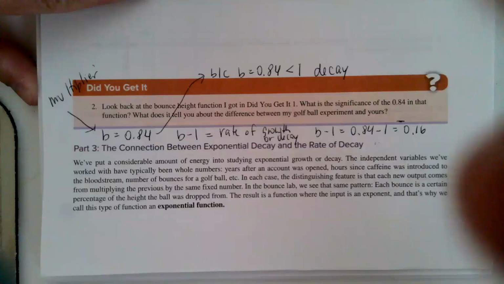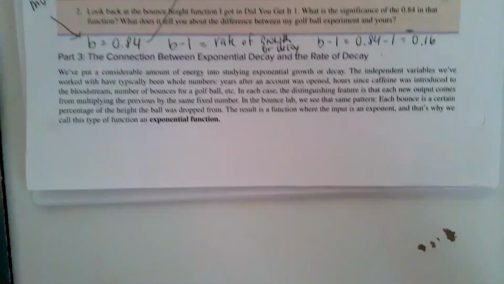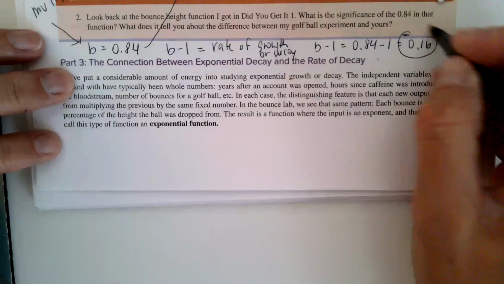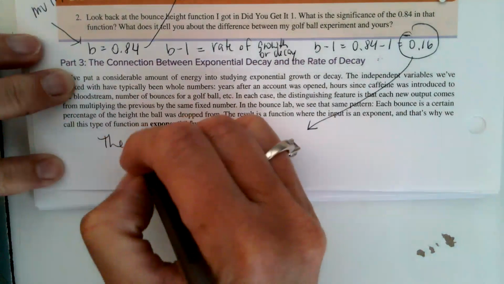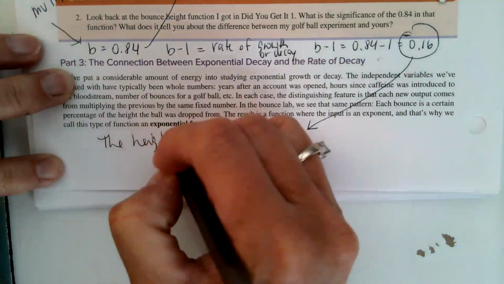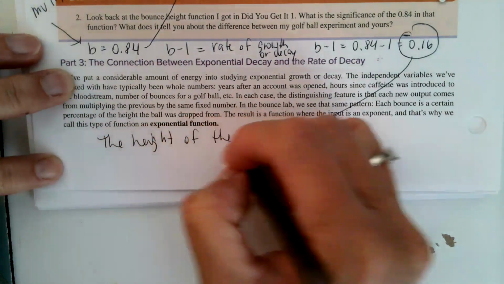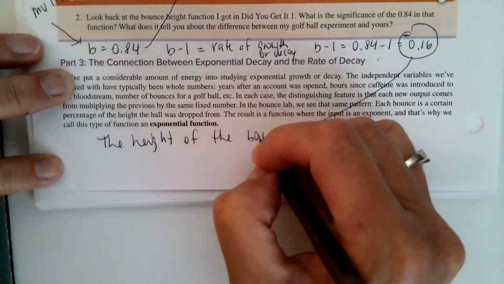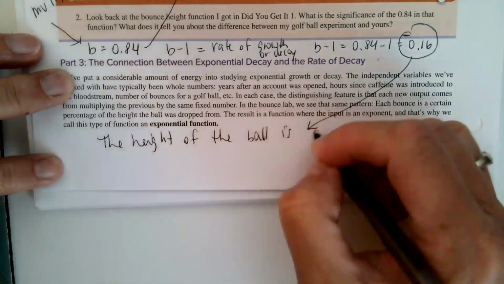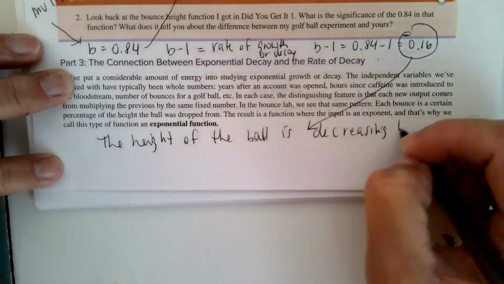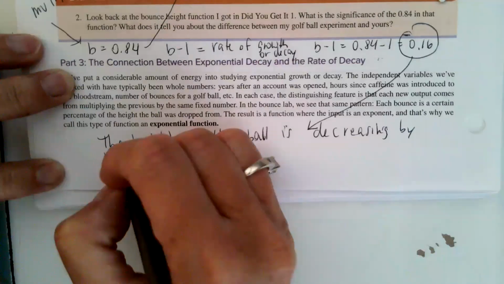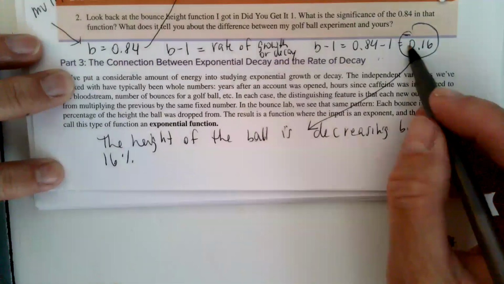And so I'm going to write that down here for you. Because it's negative, it means it's decreasing. The height of the ball is decreasing by 16% because it's negative 0.16.